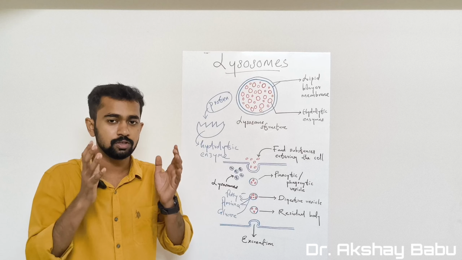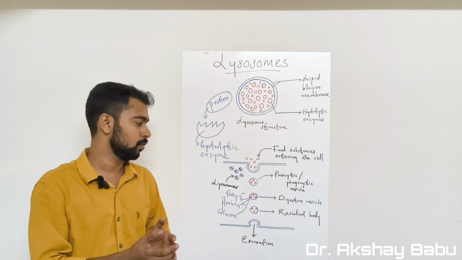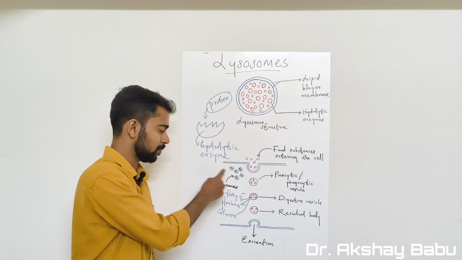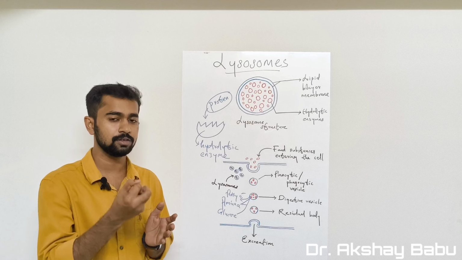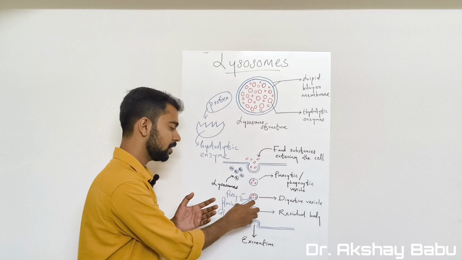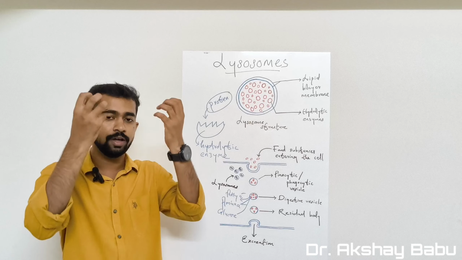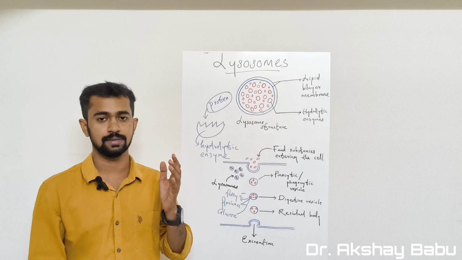And these formed nutrients like glucose, amino acids and fatty acids will be getting expelled from this digestive vesicle towards the cytoplasm. Soon after the absorption of these vital nutrients by the cytoplasm of the cell, residual body will be formed. And this residual body will be excreted out of the cell by the process known as exocytosis.